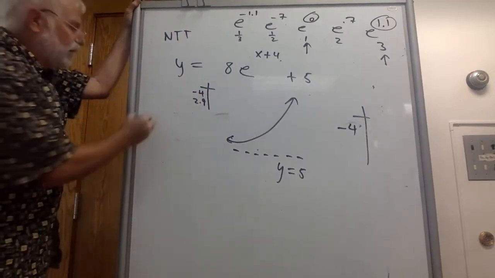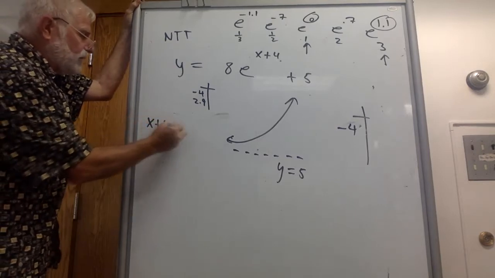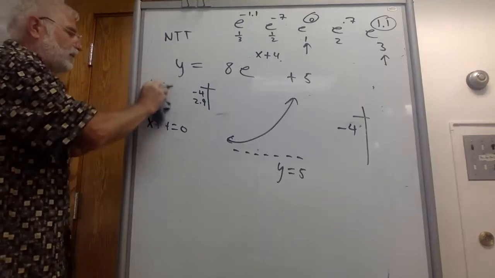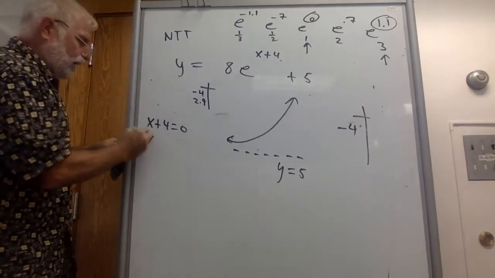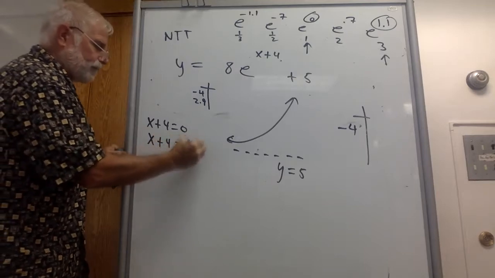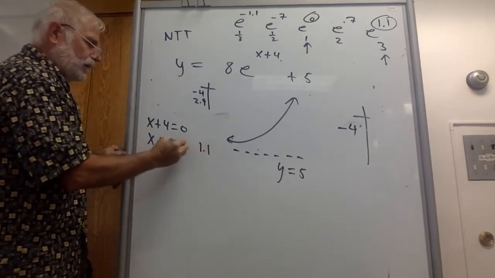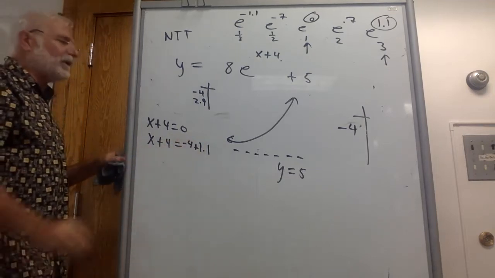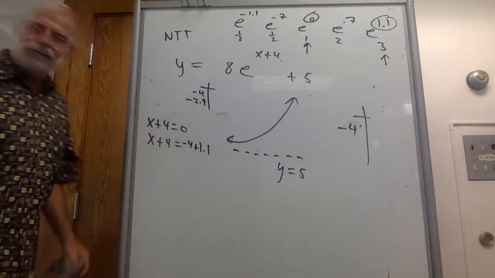All right, so x plus 4, let's do it again, equals 0. So x equals -4. I guess I've written it there as important. And I want x plus 4 to equal 1.1. So I'm going to do -4 plus 1.1, which is -2.9. There. Whew.